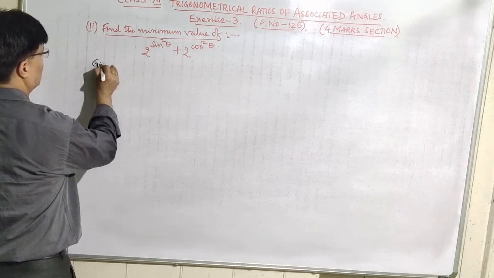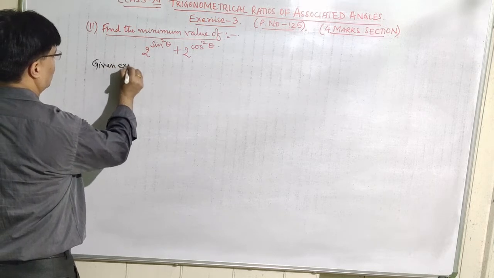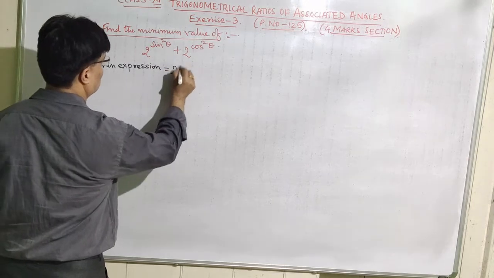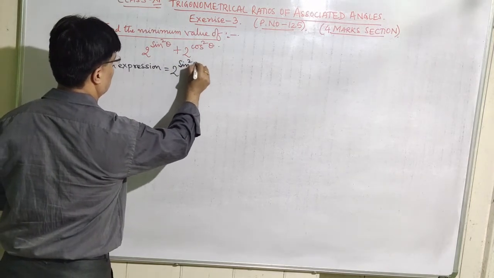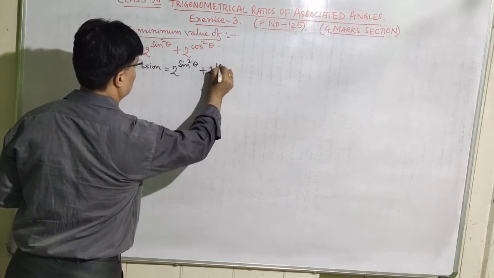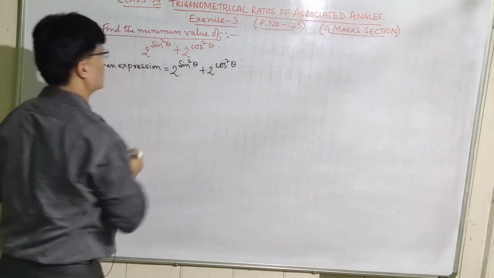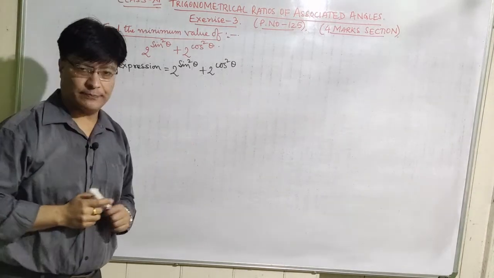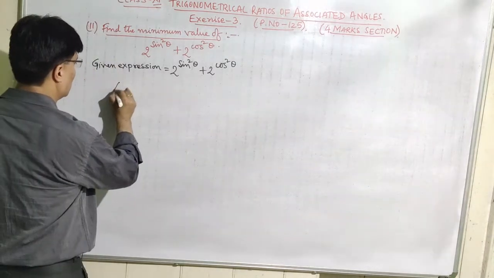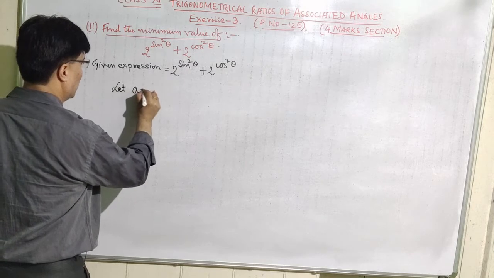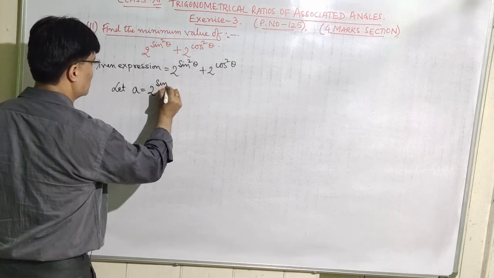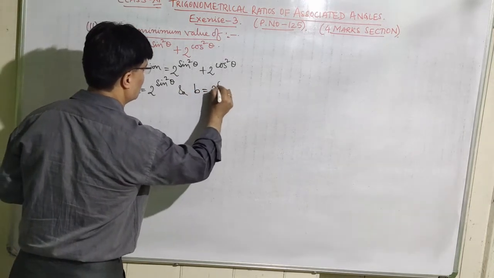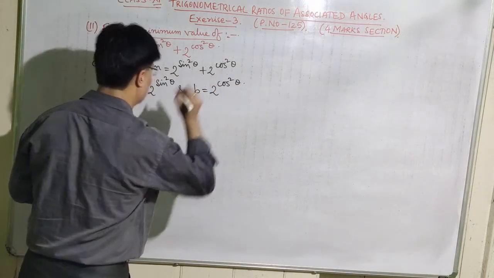So let us write here given expression. So given expression is equal to 2 to the power sine square theta plus 2 to the power cos square theta. Now we have to get the minimum value of this expression. So let us assume, let A is equal to first term, that is 2 to the power sine square theta, and B is equal to 2 to the power cos square theta.